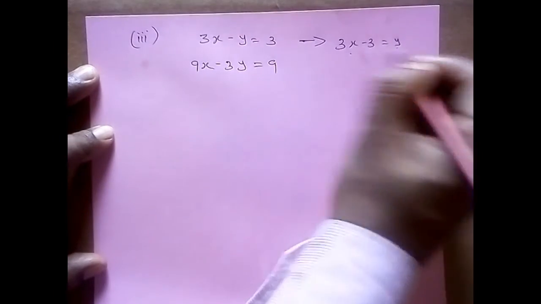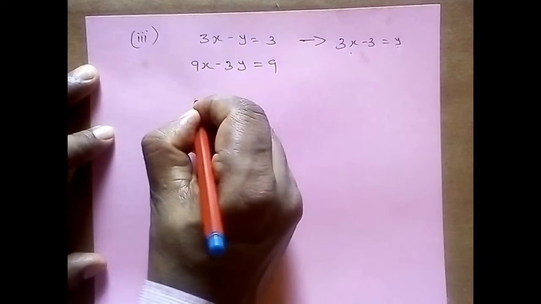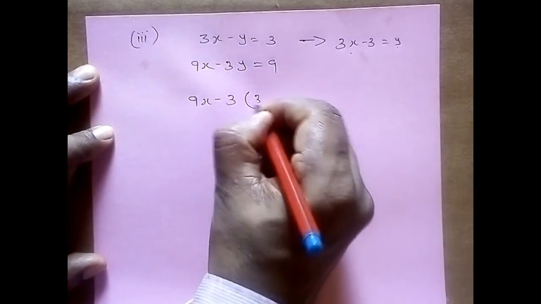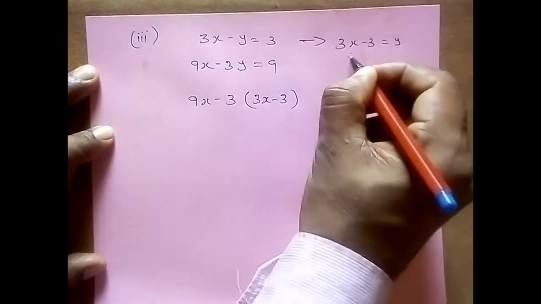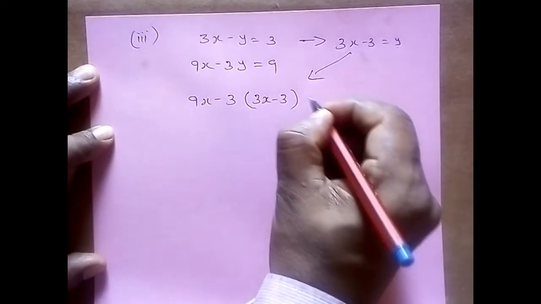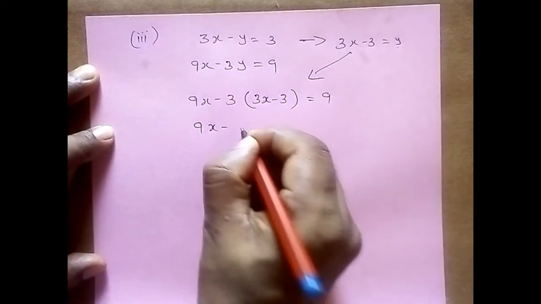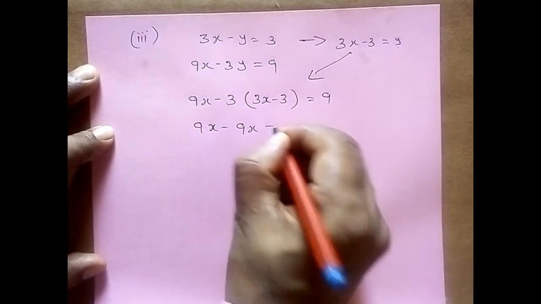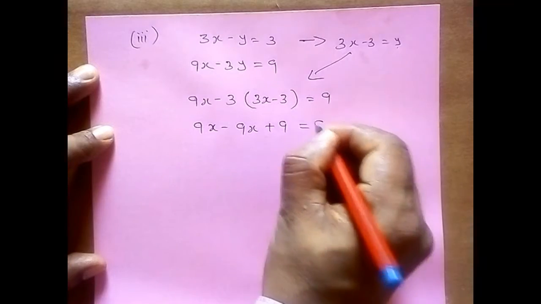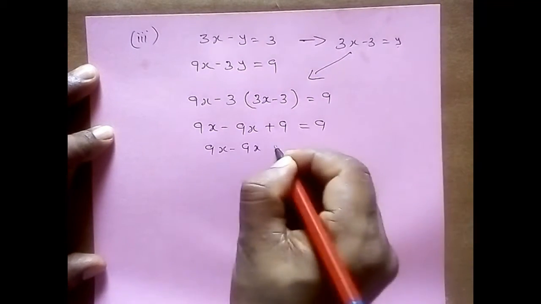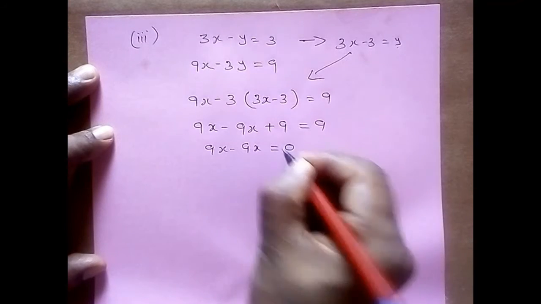So this value of y we will substitute here. So 9x minus 3 into 3x minus 3 is equal to 9. That is 9x minus 9x plus 9 equal to 9. That means 9x minus 9x is equal to 0.